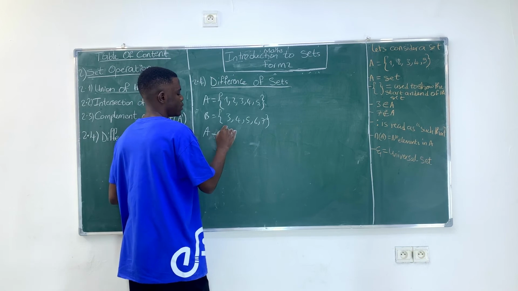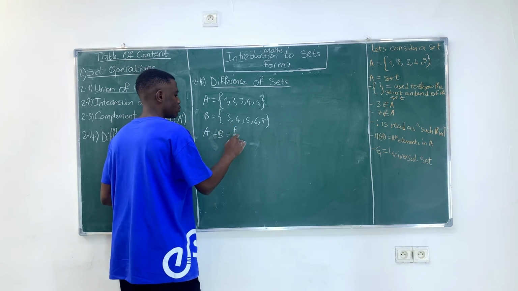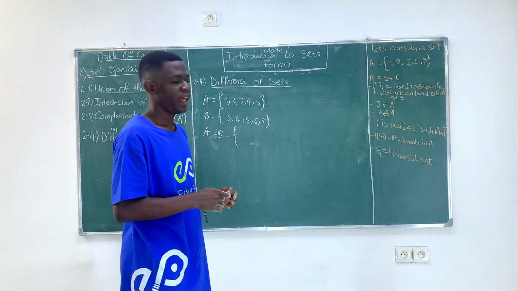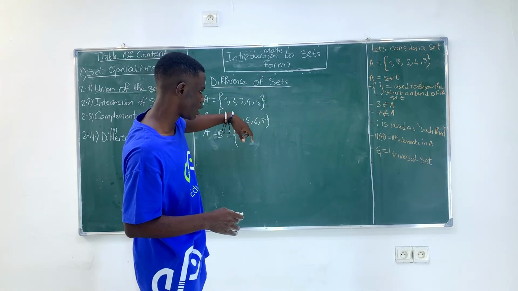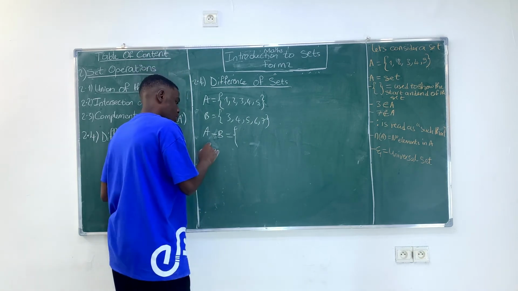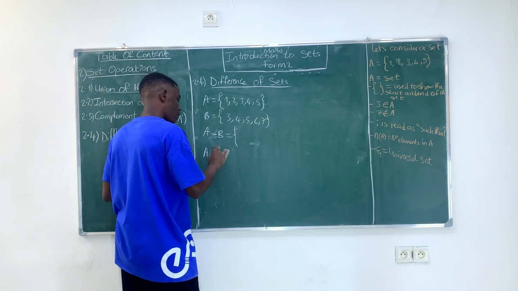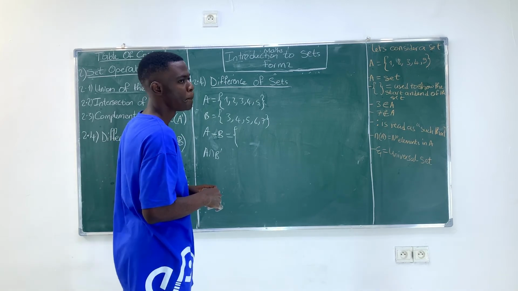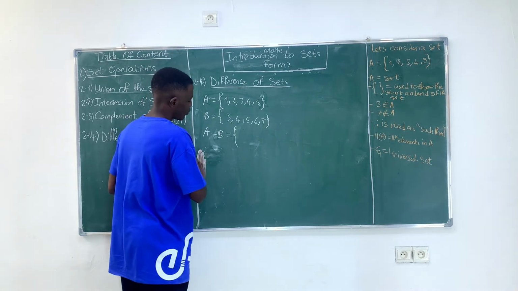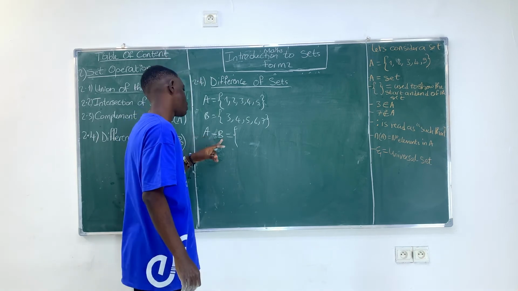What is A minus B? A minus B is equal to everything that is in A that is not in B. A minus B is A intersection B prime. So everything that is in A that is not in B.